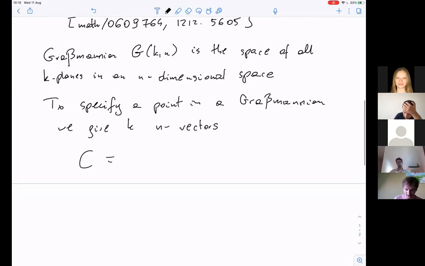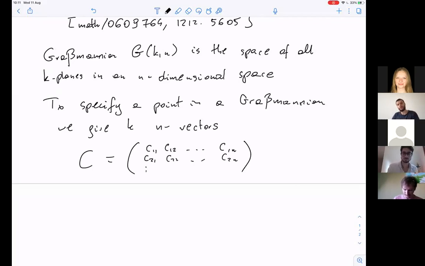I can just arrange them into a matrix. So there'll be the first vector, C11 and so on, n coordinates, and then I can take a second one, up to the K-th, I take K of them, and I can arrange them in a matrix. So this is a k times n matrix, and if I have K n-vectors, then I can always define such a matrix.